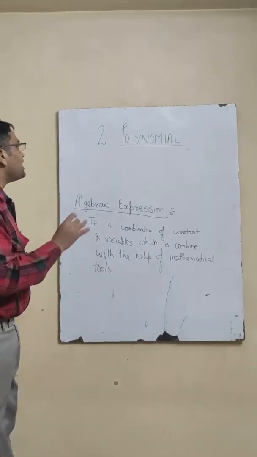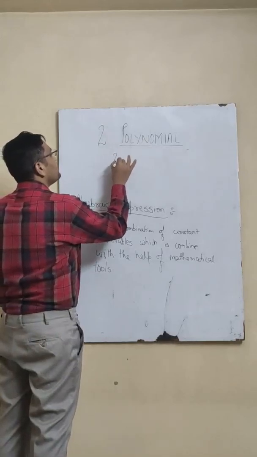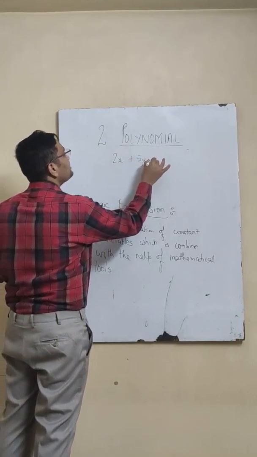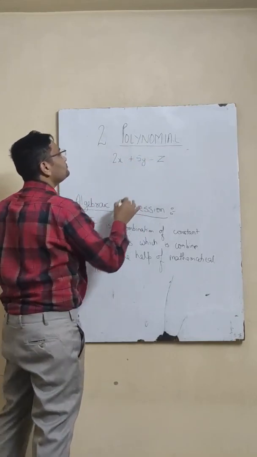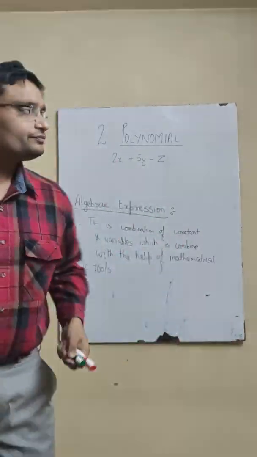Let's suppose I have taken one algebraic expression, 2x plus 5y minus z. Now let me take some more colors.